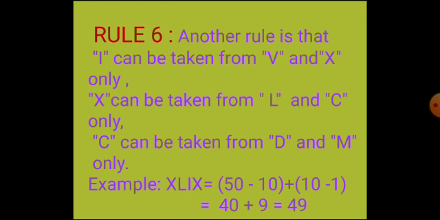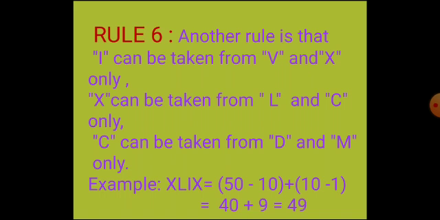Yes. Let us go for the next rule, that is rule 6. Another rule is that I can be taken from V and X only. That means we can subtract I from V and X only. From the remaining numbers we cannot subtract I. X can be taken from L and C only.